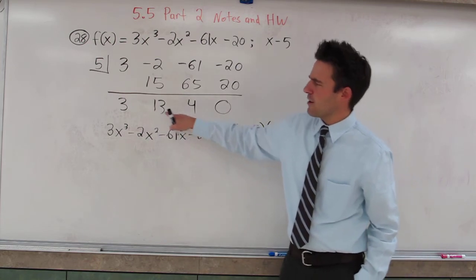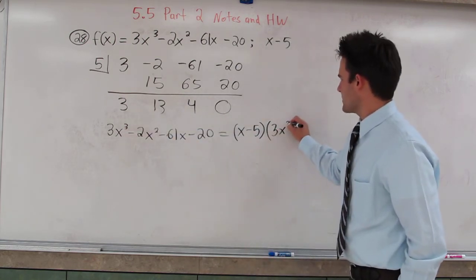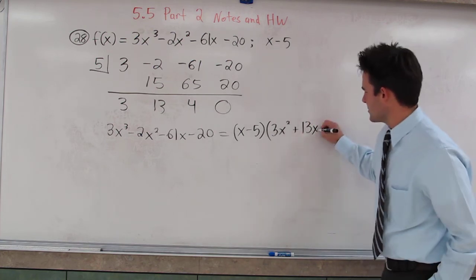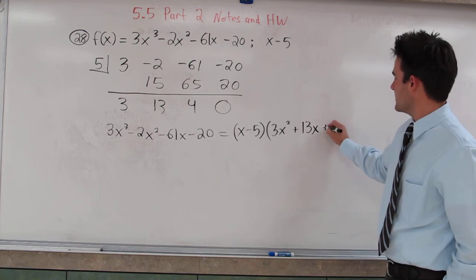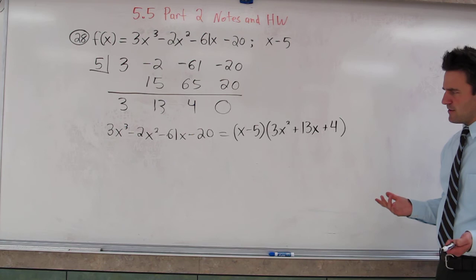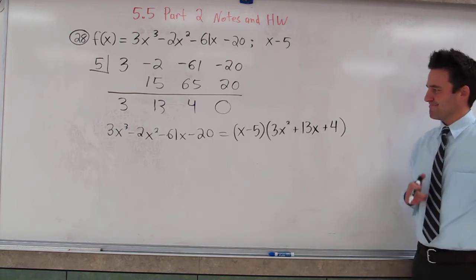So we'll have 3x squared, 13x is our linear term, and our constant term is 4. All right, cool. So now the question is, have I factored completely?